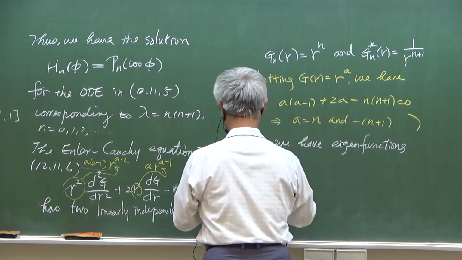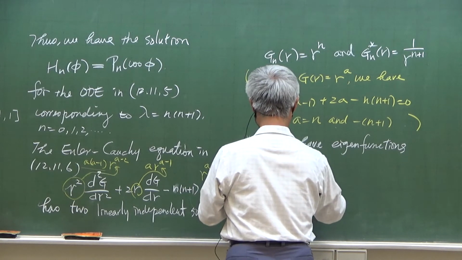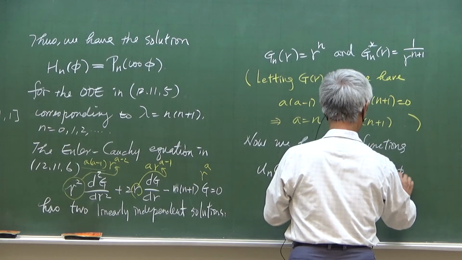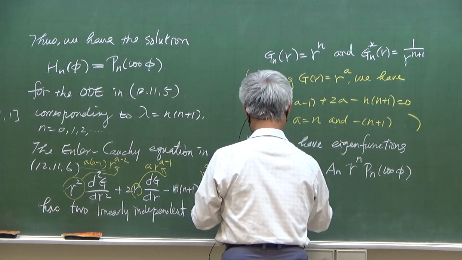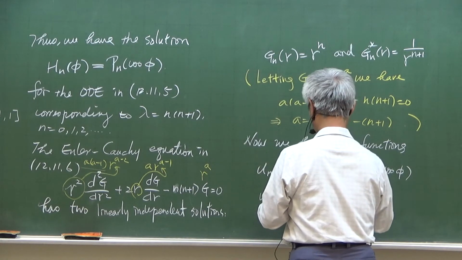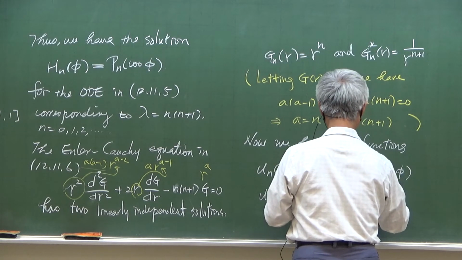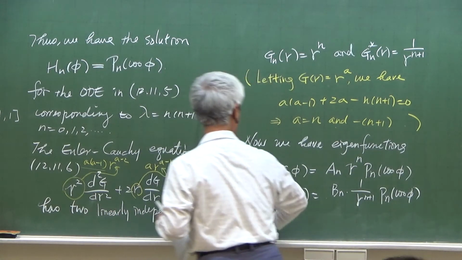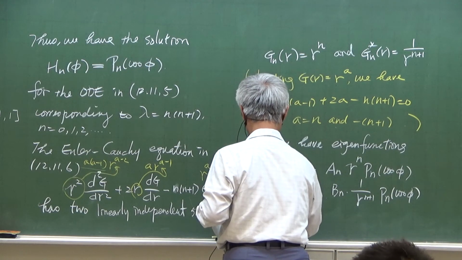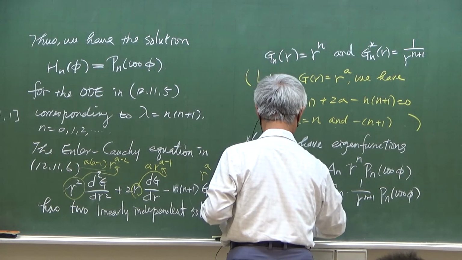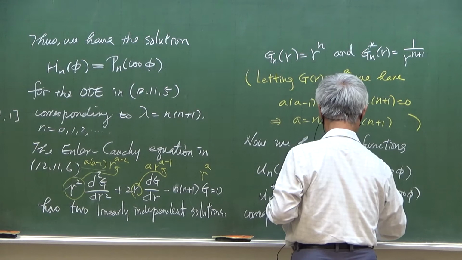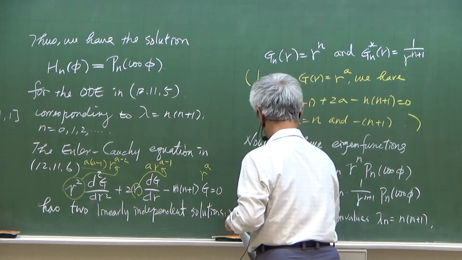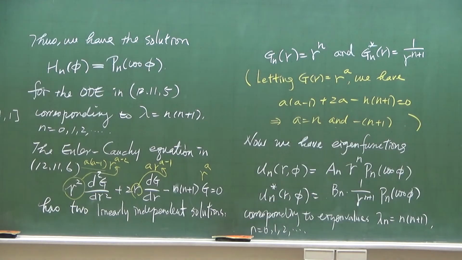So we have un of r, phi, which is equal to r to the n times Pn cosine phi, and un star of r, phi equal to 1 over r to the n plus 1 times Pn cosine phi, corresponding to eigenvalue lambda n, which is equal to n times n plus 1, for n from 0 to infinity.